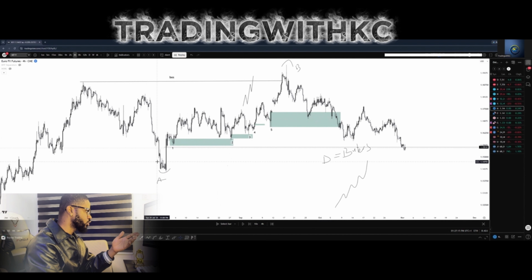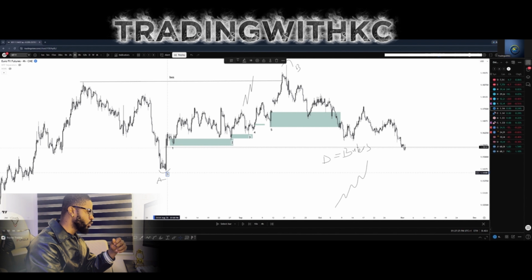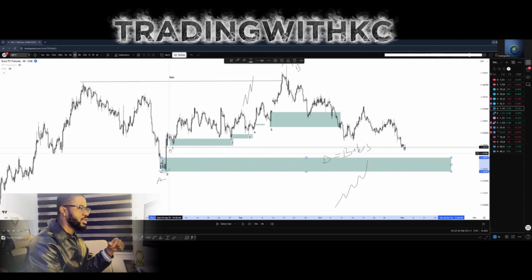Now, look at this structure range here. Can you see what separates this low? Let me label this low 0. Now, do you see what differentiates 0 from 1? It is the imbalance. You can see that we have an imbalance formed from 0 to 1. So this is what price is going to use to create that new high.